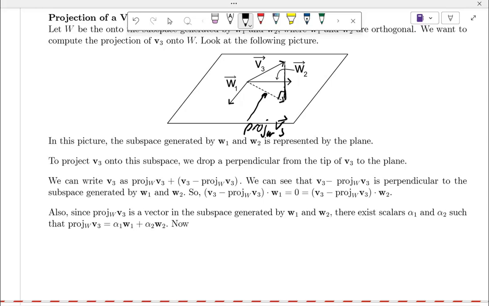So using that similar notation that we did for projection, except that what I have down here is the subscript of a W, so that's representing that I'm doing a projection onto the subspace. Okay. This vector right over here then would be the difference between those things. It would be V3 minus the projection onto the subspace. Okay. So that's all I'm doing here.